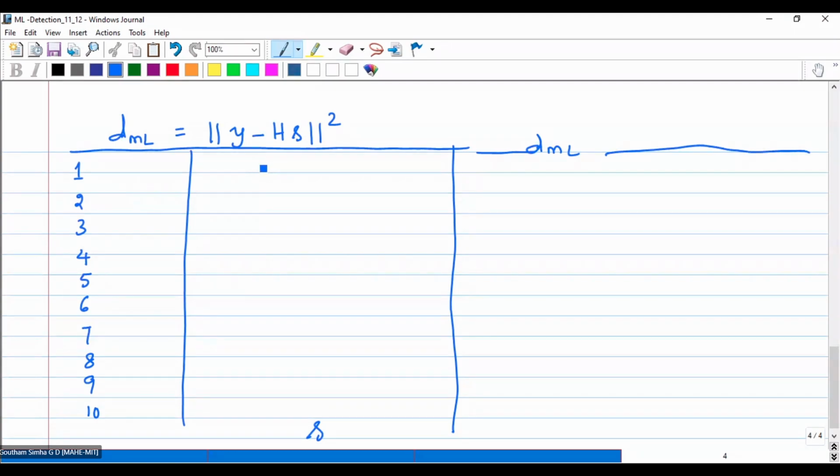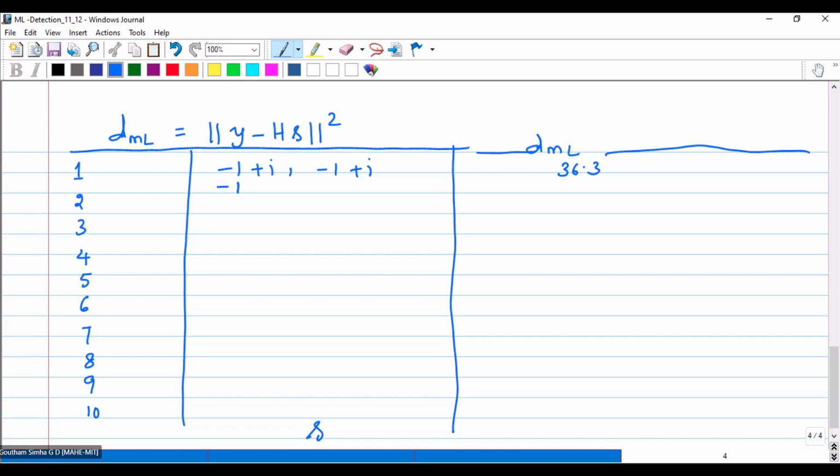Fine. Now if I transmit -1 plus I, comma, -1 plus I, there could be a possibility of transmitting -1 plus I and -1 plus I from two different antennas. The distance metric, the norm of y minus hs that you have calculated, will be 36.3.